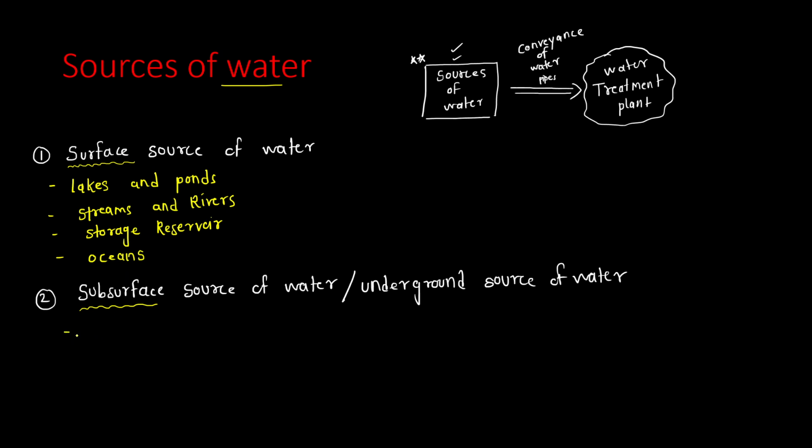Then in subsurface sources of water, the water is present below the ground surface. Examples are infiltration galleries, then infiltration wells, then springs, then our normal wells and tube wells.